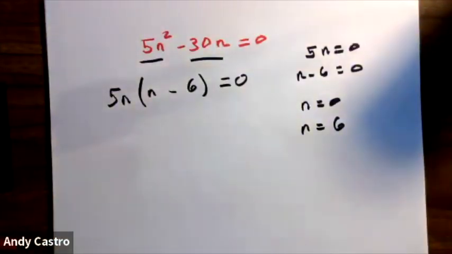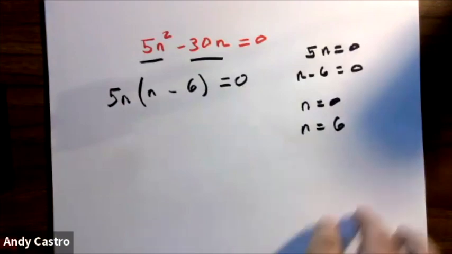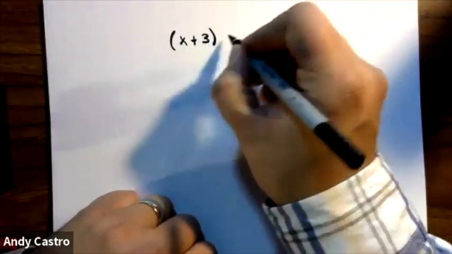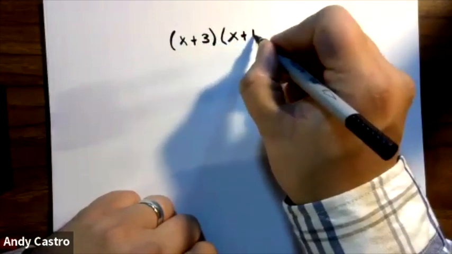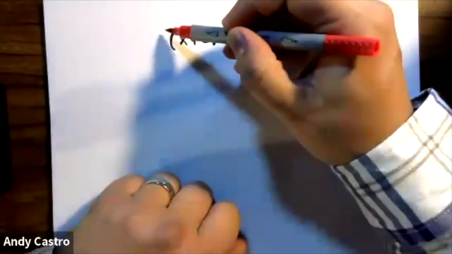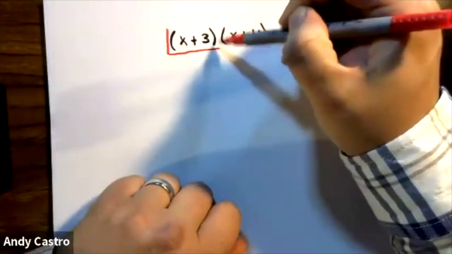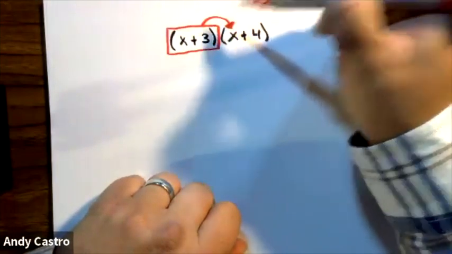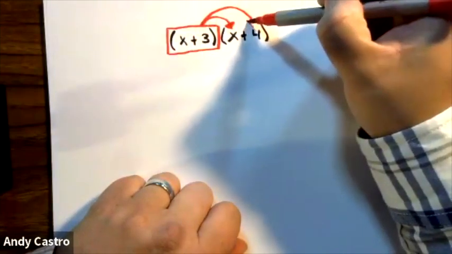All right, now we're going to go a step deeper, okay? So the first thing I want to do is go ahead and multiply out x plus 3 and x plus 4. So if you remember, I'm distributing this whole thing here to the x, and I'm distributing that whole thing to the 4.